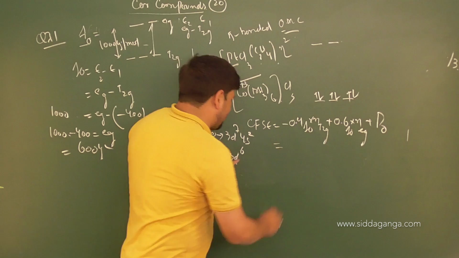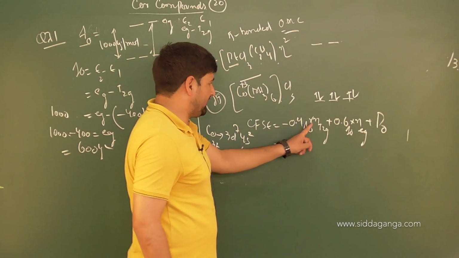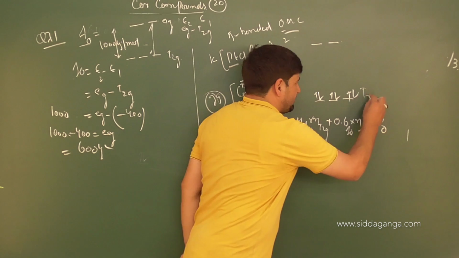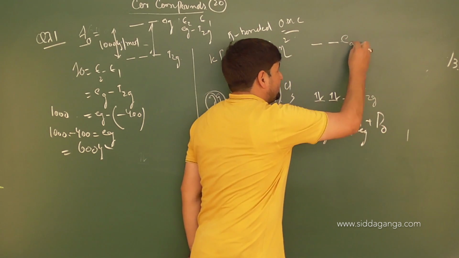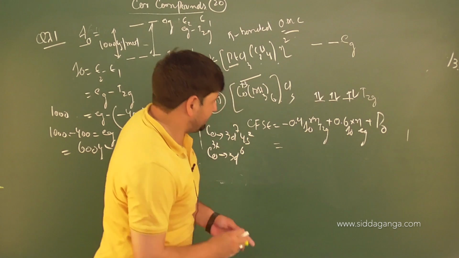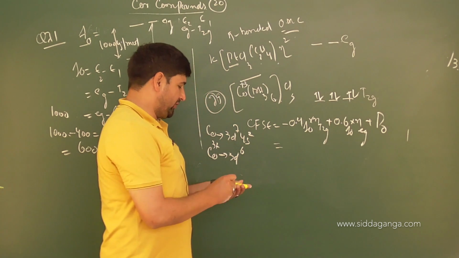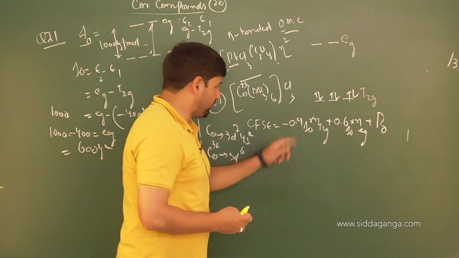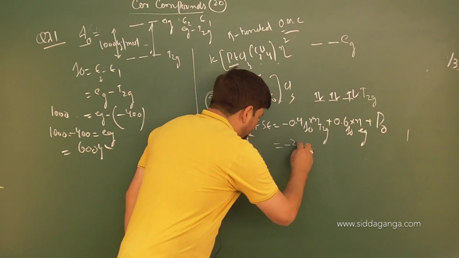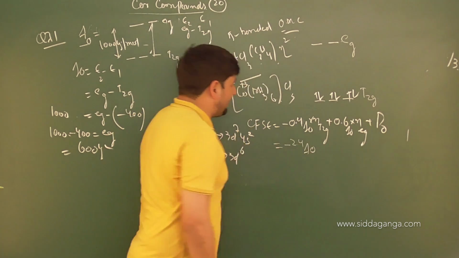And we know CFSE is calculated by minus 0.4 Δ0 times the number of electrons in t2g. How many electrons are there in the t2g set? This is the t2g set and this is the eg set. There are 6 electrons and stability occurs by the value of minus 0.4. So 6 times minus 0.4 will be minus 2.4 Δ0.